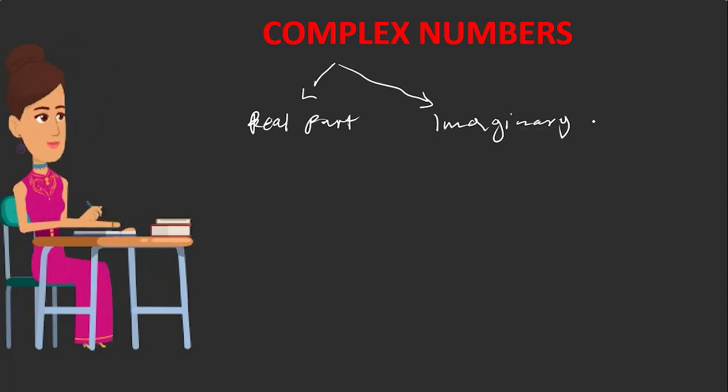So these are the two parts that make up complex numbers.